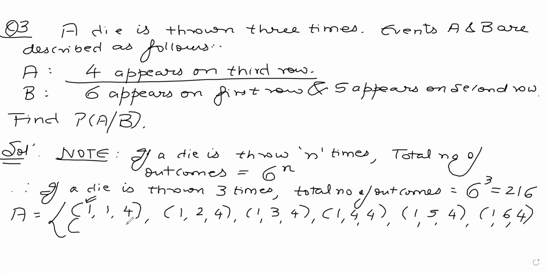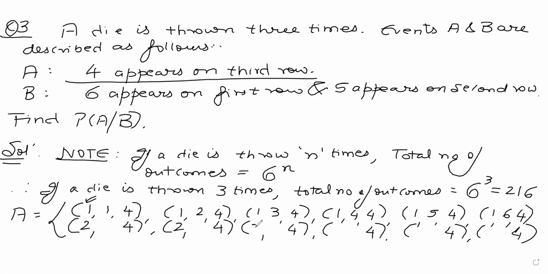Similarly, I can fix 4 in the final place, and now I can start the same thing with 2. So 2 is fixed, and now in between I can have 1, 2, 3, 4, 5, and 6.